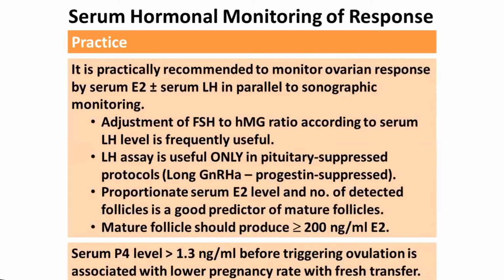Therefore, if you have serum progesterone above 1.3 before giving the trigger, it's better to counsel the patient about freezing all embryos or about a lower pregnancy rate if she undergoes fresh transfer. These are all practical points that are not supported by the ICSI guidelines, but again, the guidelines regarding this point in particular are conditional and depend on expert opinions rather than strong evidence from studies.